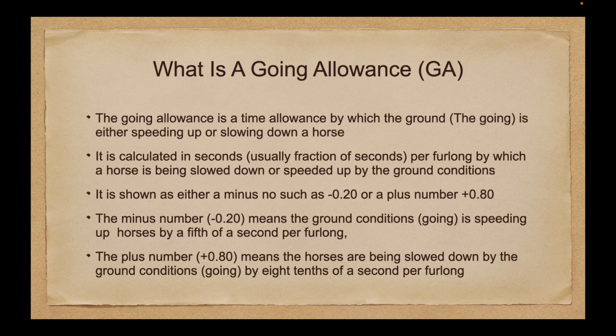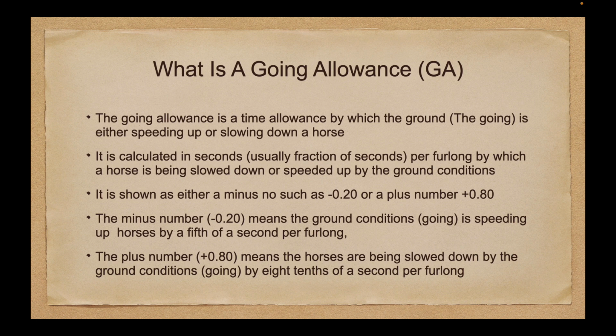It is either shown as a minus number, such as minus 0.20, or a plus number, such as plus 0.80. So the minus number, minus 0.2, means the ground conditions, the going, is speeding a horse up by a fifth of a second per furlong, which is generally just over a length.